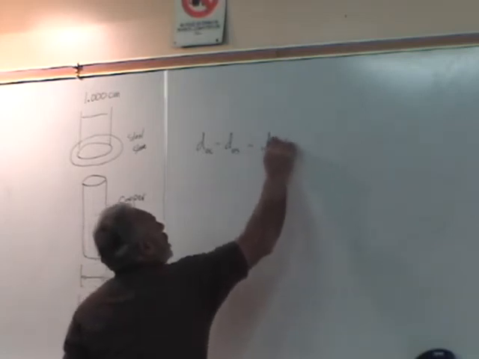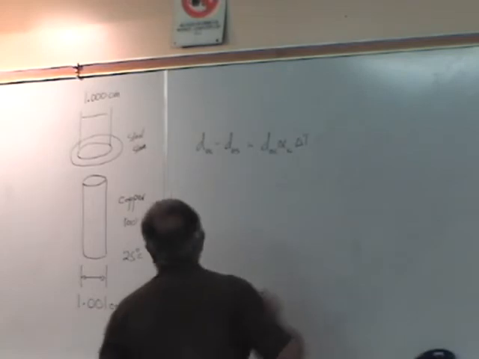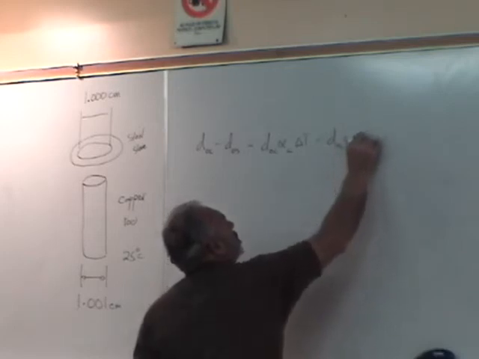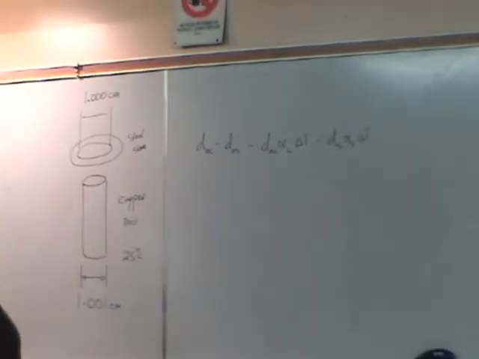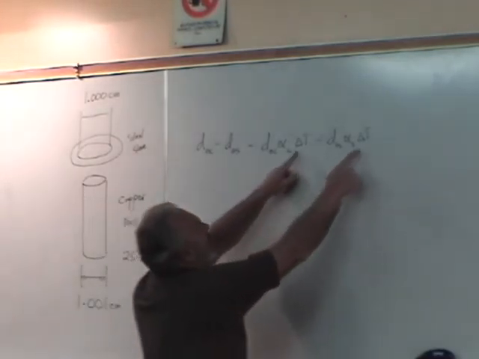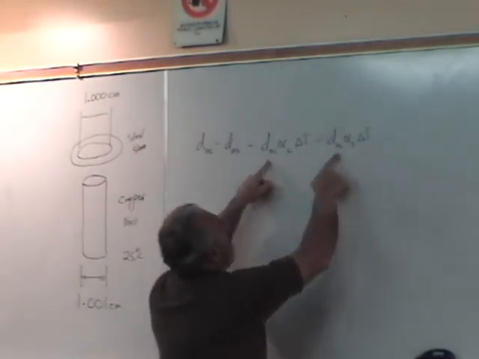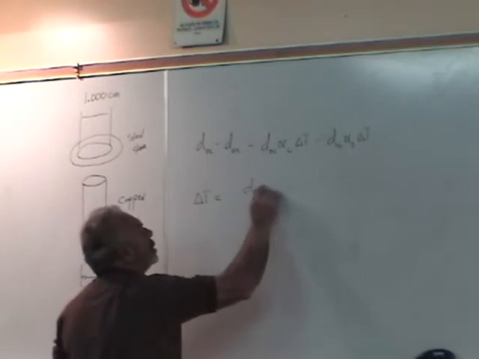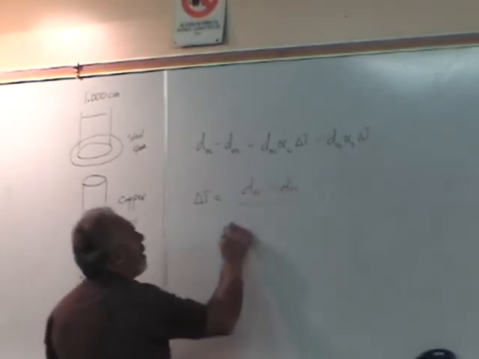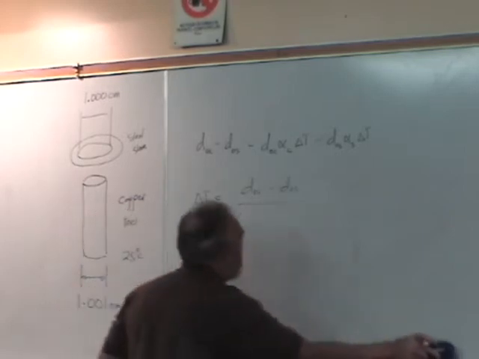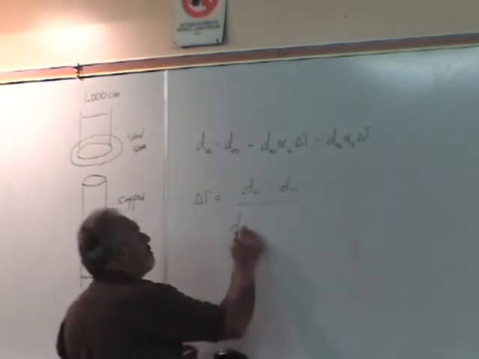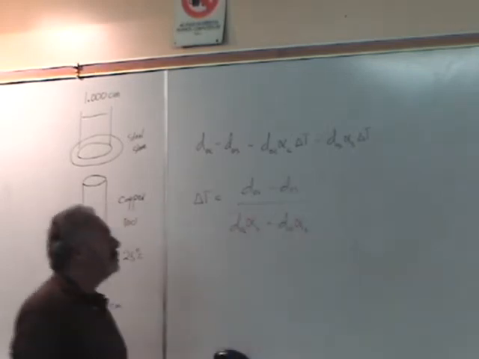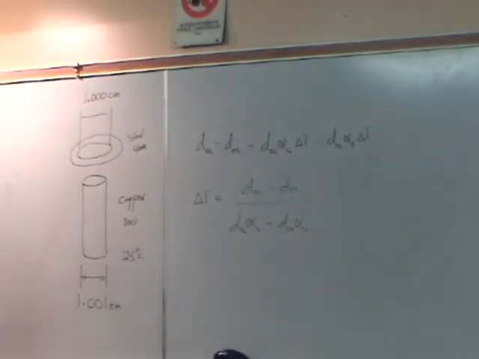D naught copper alpha copper delta T minus D naught steel alpha steel delta T. I can imagine factoring the delta T out and dividing by what's left so that delta T is equal to D naught copper minus D naught steel over D naught copper alpha copper minus D naught steel alpha steel. We now have a formula for delta T.